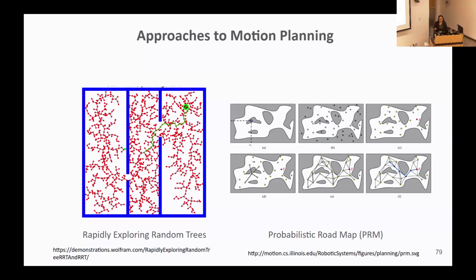In a probabilistic roadmap, you sample, not necessarily uniformly, across the state space and you try to connect the adjacent samples. So you have an initial configuration, and then you sample from your space. You remove from this set the points that are in collision.